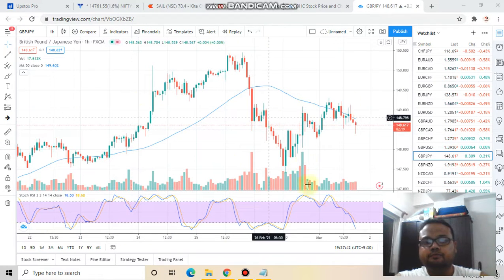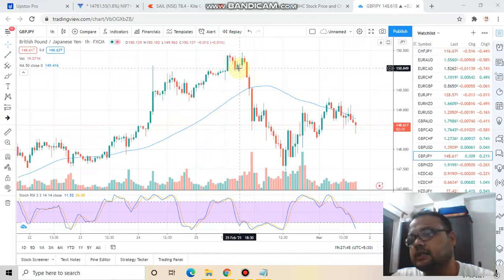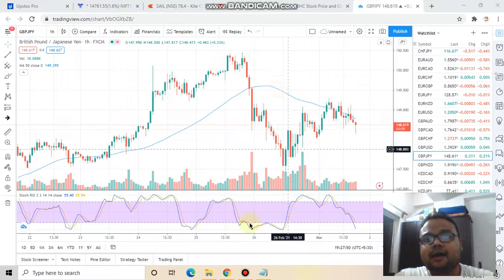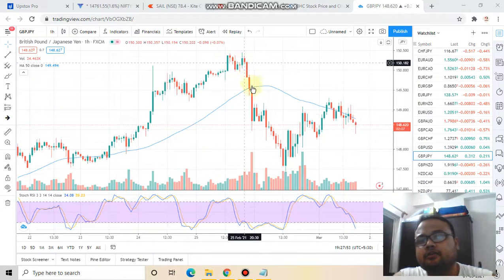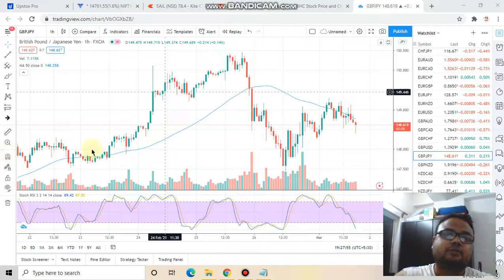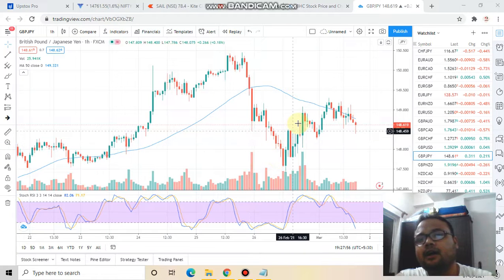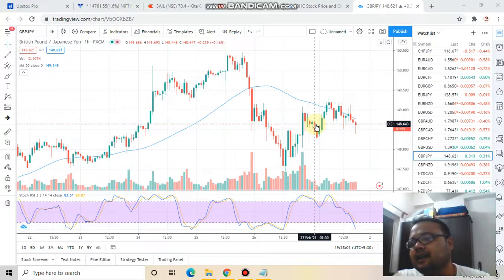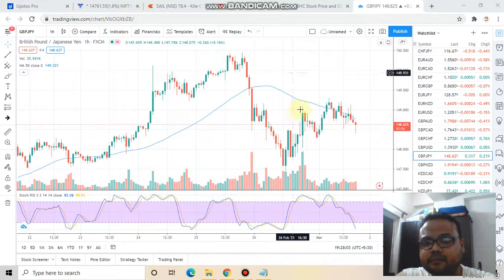So if we consider all these things, then the picture is very confusing, is it not? There was a huge fall yesterday. Before that market was in a good uptrend. Right now market is going up, making higher highs and higher lows, lower highs.